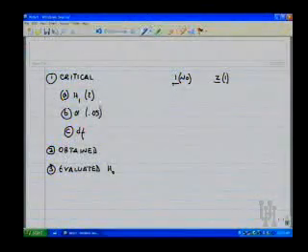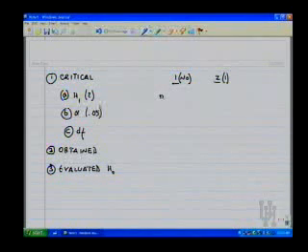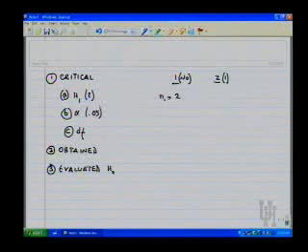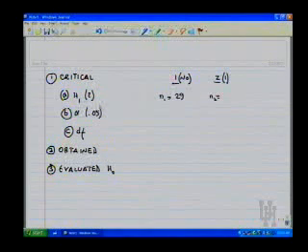Group 1, in which n is 29, and group 2, in which n is 33.